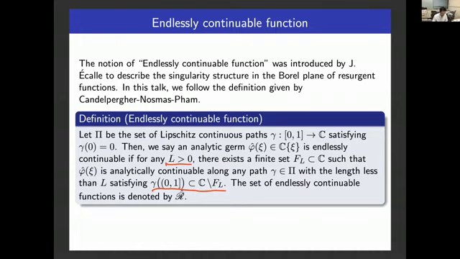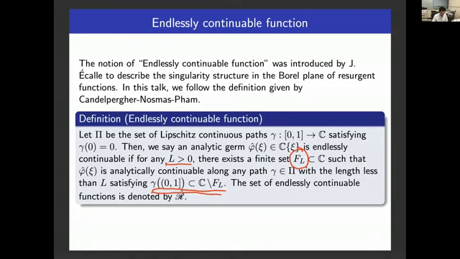If the length of the path is less than L and the path avoids the singular points described by the finite set F_L, then pi hat is analytically continuable along the path gamma, and we say the function is endlessly continuable.